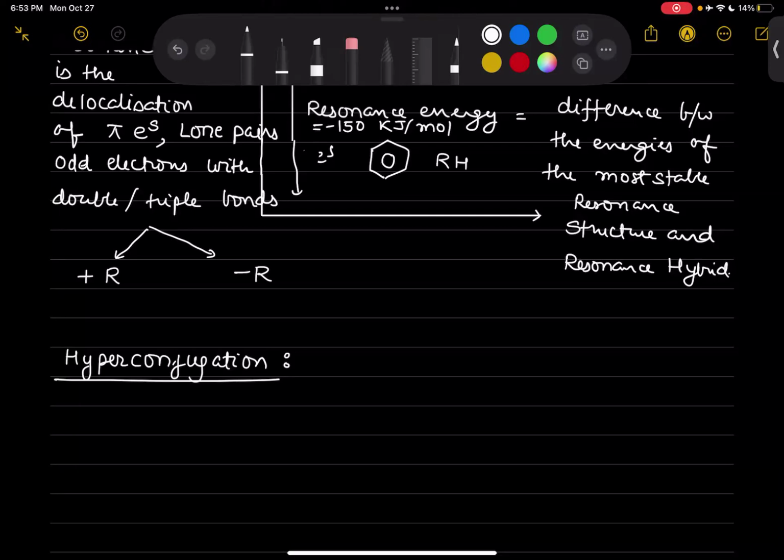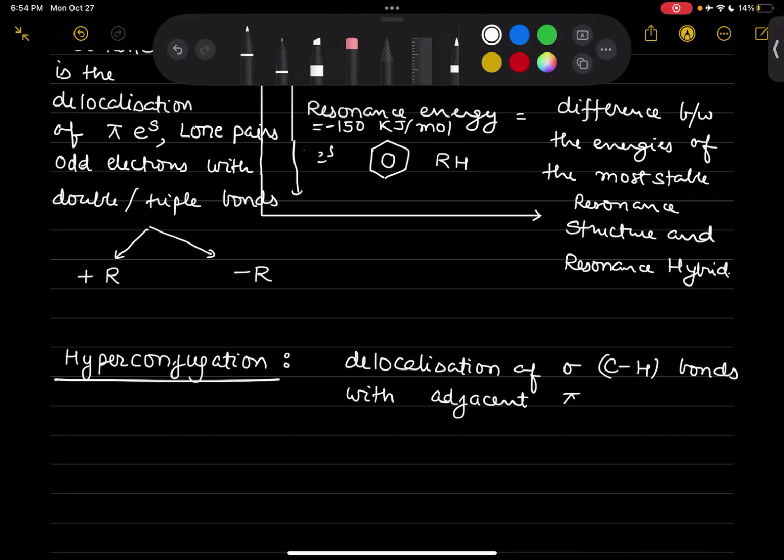Delocalization of sigma bonds, sigma C-H bonds, with adjacent pi bonds.